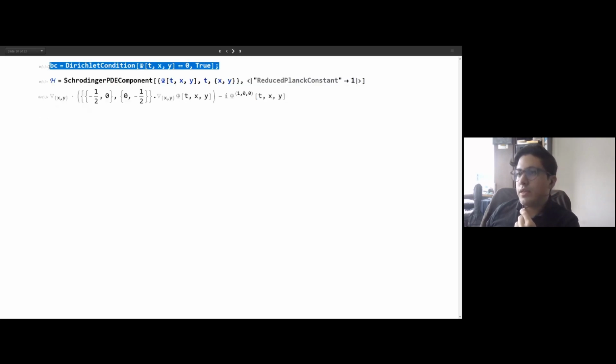Obviously, at the boundaries the wave function goes to zero, and here you use the Schrödinger PDE component, but this time you put time into the equation and you get a really simple PDE operator that in this case is time dependent.